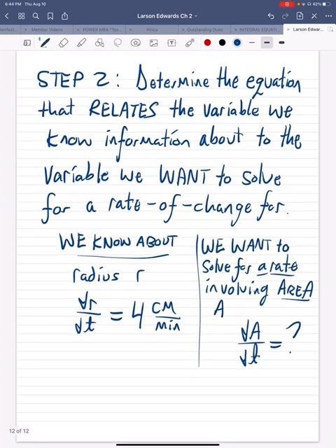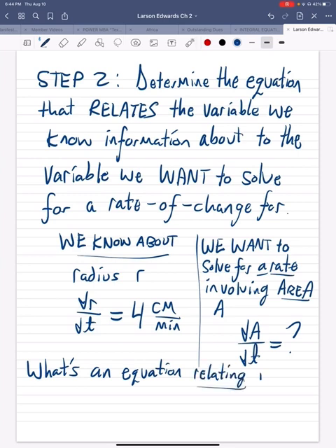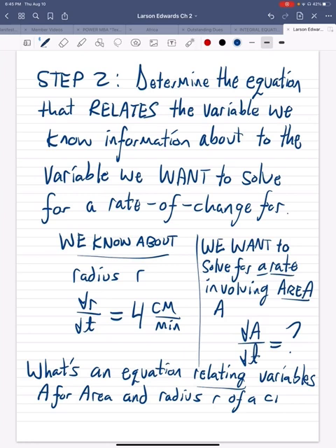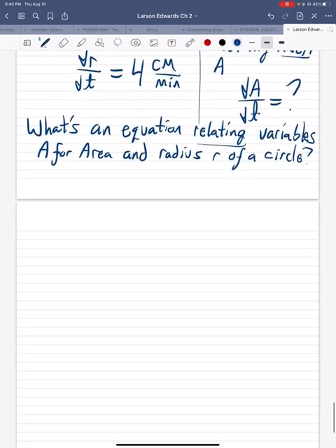So, what's an equation relating variables A for area and radius r of a circle? Well, that's the equation for the area of a circle.